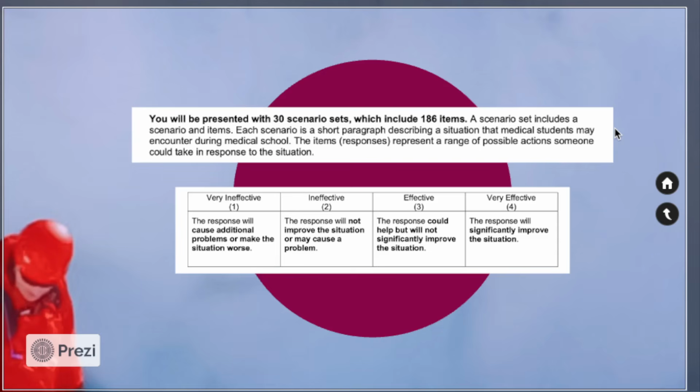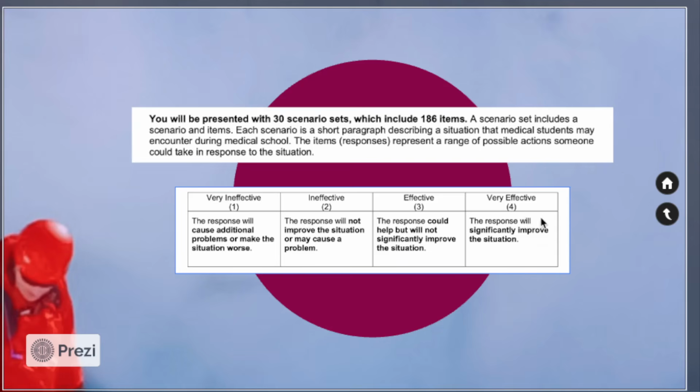So you're given the scenario, and then you're given 4 to 8 responses on what you should do next in the scenario. And you're tasked to rate the effectiveness of the response on a 1 to 4 scale, from very ineffective to very effective. Now, of course, effectiveness is a vague term, right?